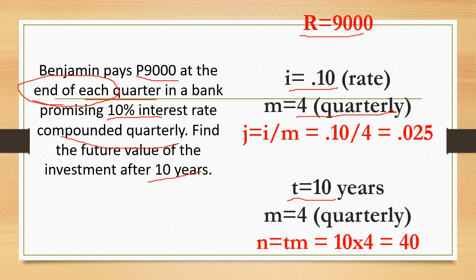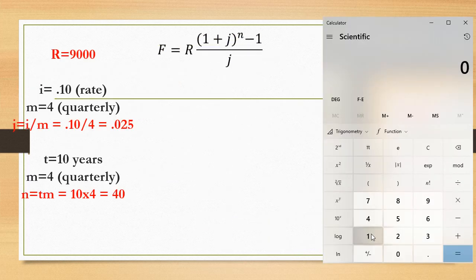So again, let's find our J, I divided by M. 0.10 divided by 4, that will give us 0.025. Now for our N, T times M, which is 10 times 4. So we will have 40 payments in all. So let us solve this now using our formula.